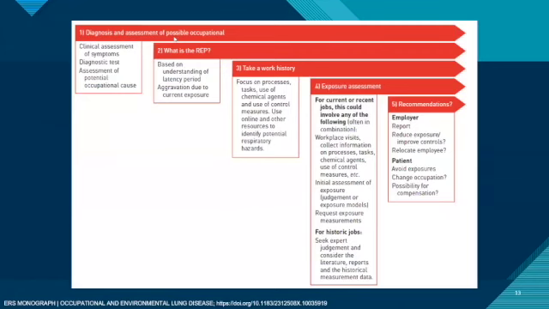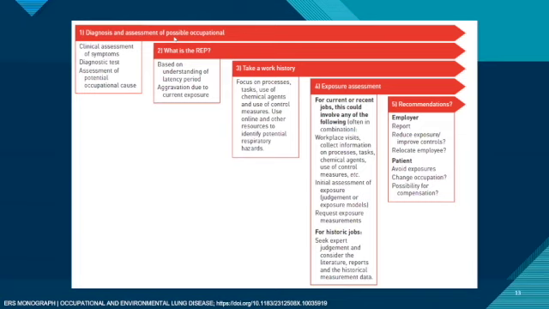And this is just a brief overview in terms of how you would assess your patient, also looking particularly at exposures. So your main aim is obviously going to look at the diagnosis of possible occupational lung disease. So you'll do a clinical assessment, the appropriate diagnostic tests, and assessment of potential occupational cause. Then you look at the REP, which is a relevant exposure period.